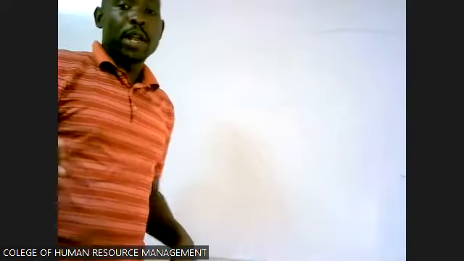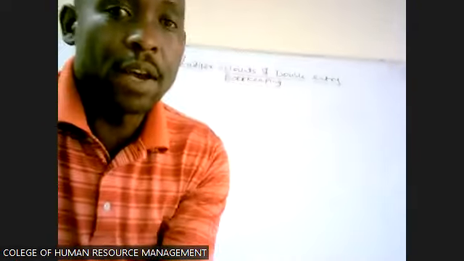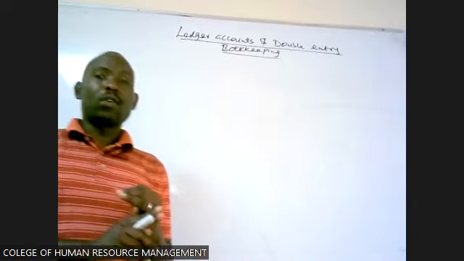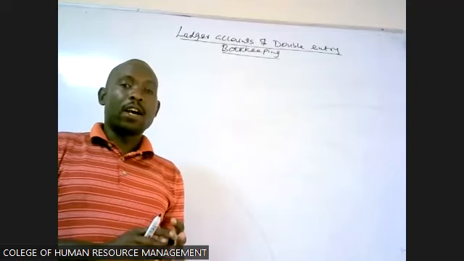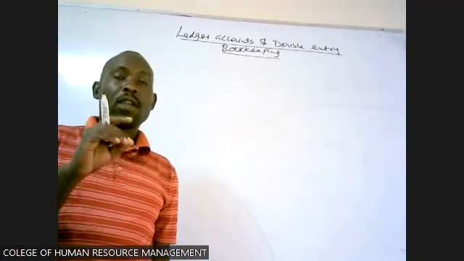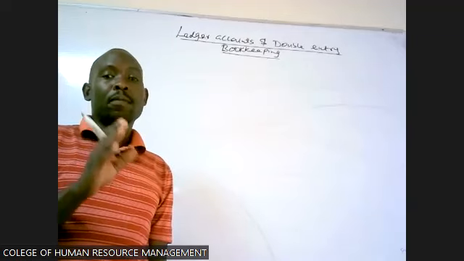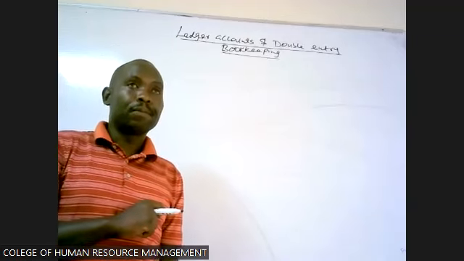So we are now in agreement, or we have a clue that we have got a ledger, which is a book. We have got ledger accounts, which are pages of that particular book. And each ledger is going to have a separate class of accounts to maintain.